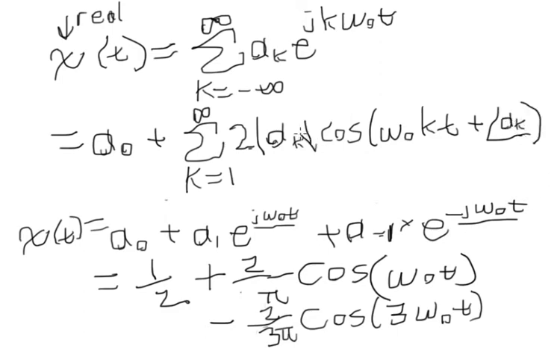Something like that. And this is a nice way to think about it. This is generally more convenient in terms of thinking about what the AKs are and using the Fourier analysis integral, where you're finding the AK. It's usually easier to use this form.